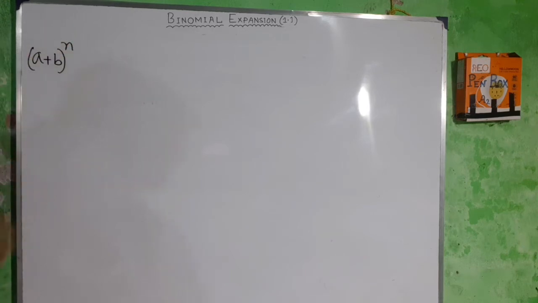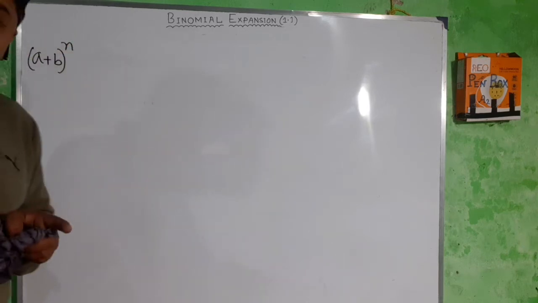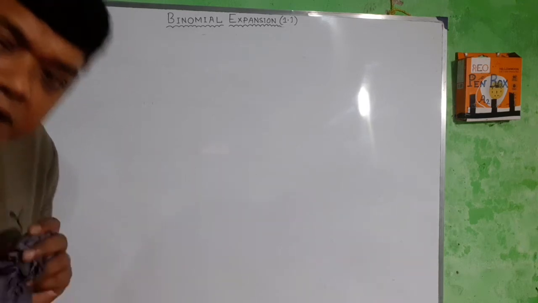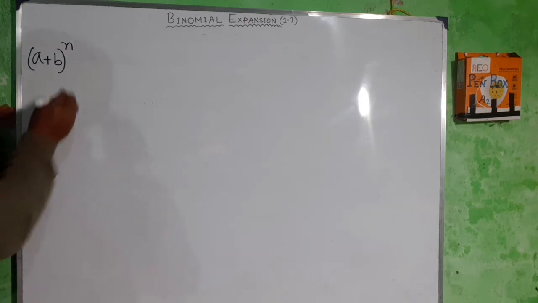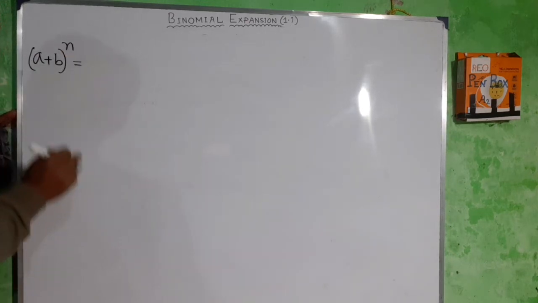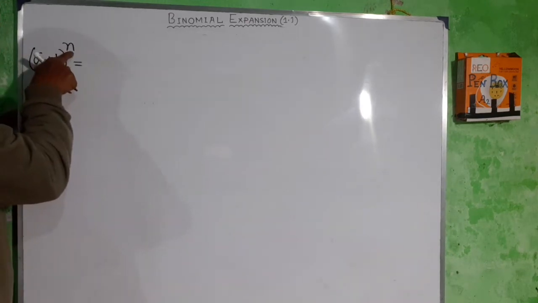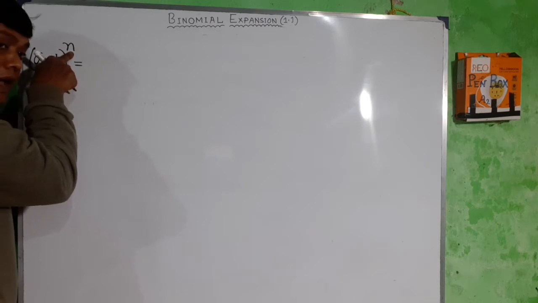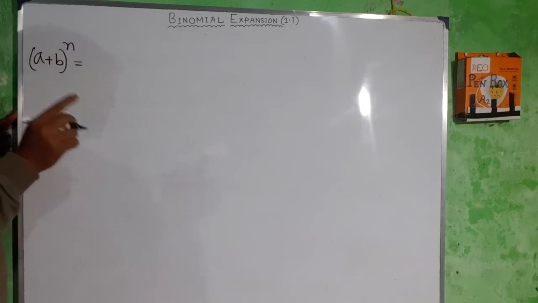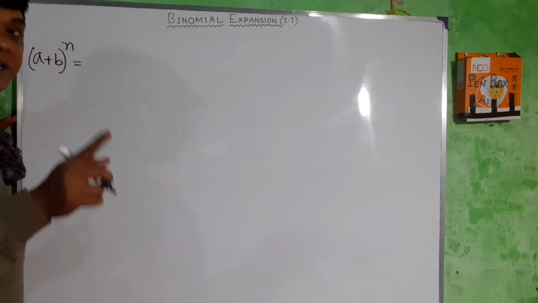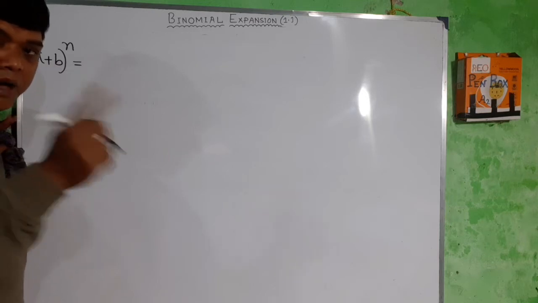We have already done n equals 3, 2, 4 and also 5, 0 and 1. So what about n equals 6 and more values? So this is the general form of the binomial theorem, for n a positive integral value. We have not taken negative n here. In this video we always take n as positive integral values. Keep it in your mind.